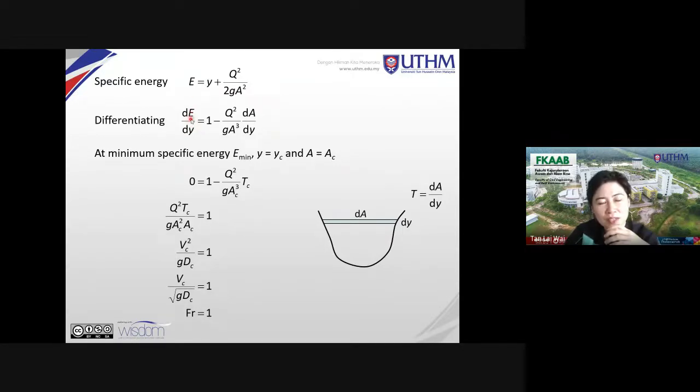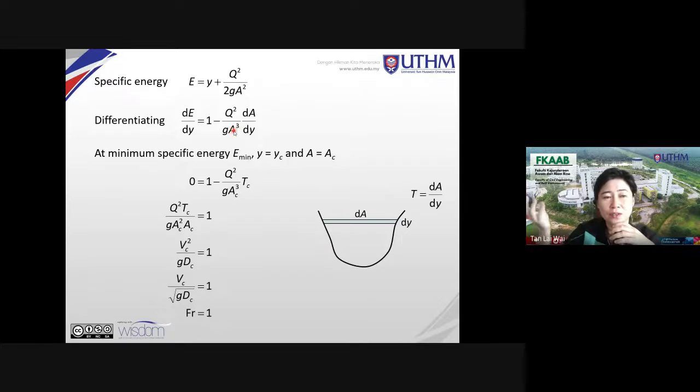Differentiating E with respect to Y, we have 1 minus, as I showed in the Excel, when Y changes your A will change as well. So we differentiate A with respect to Y, since Q is constant. You are going to have negative 3, that means you are differentiating A.